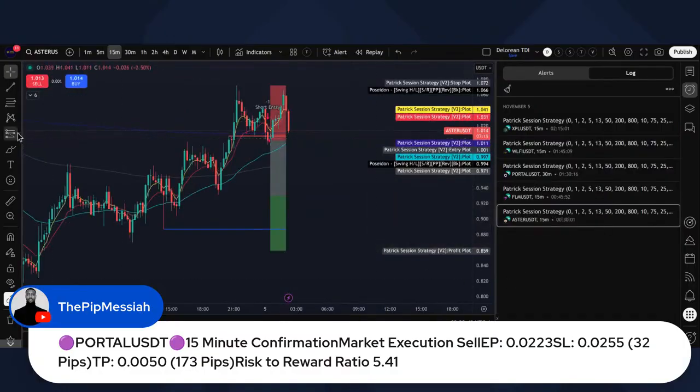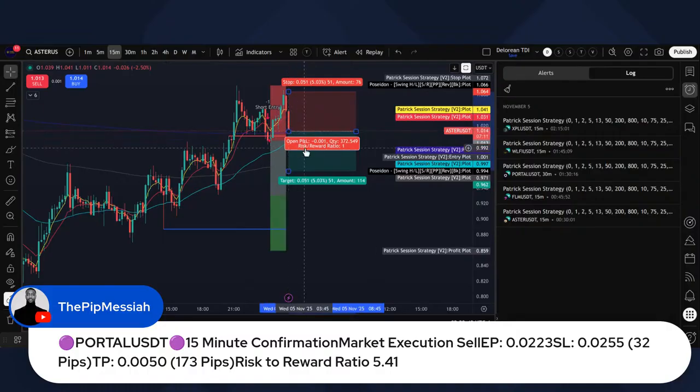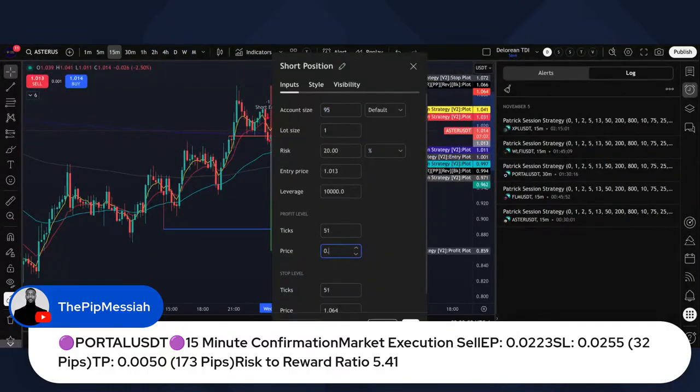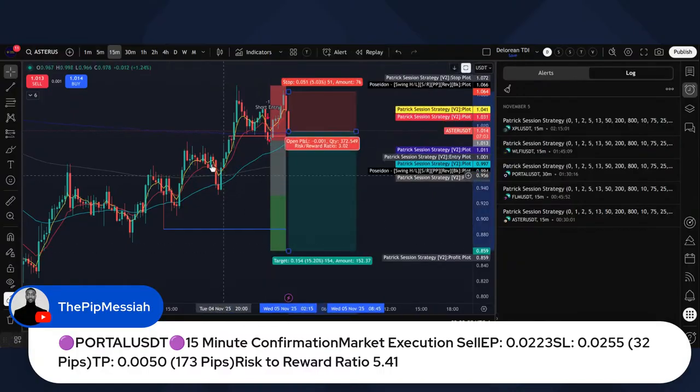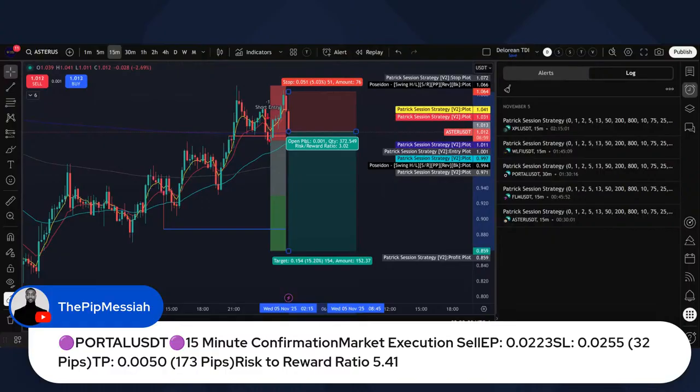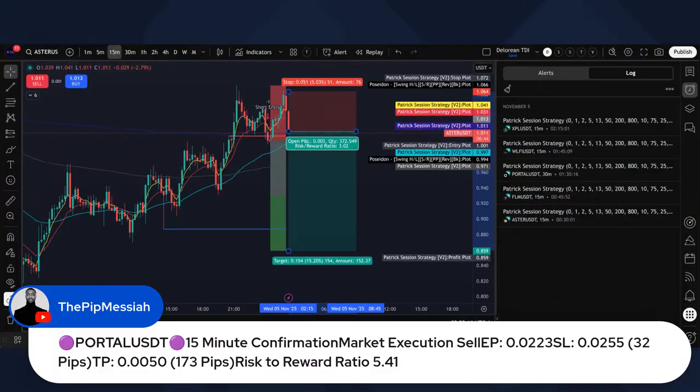Next up, we have Aster versus Tether, targeting 0.859. ASTR.